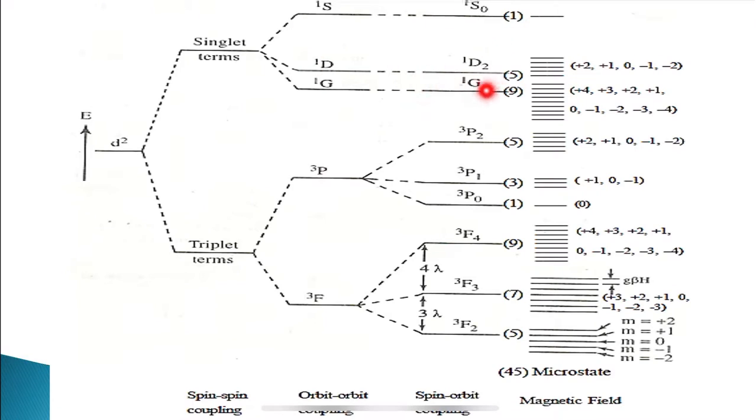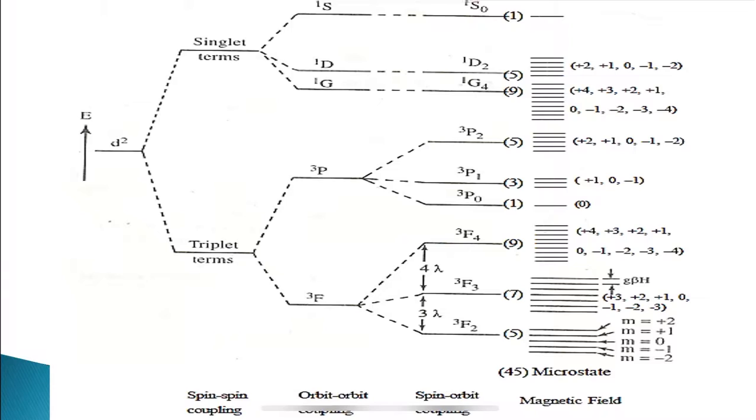Further, by the excitation which we will observe when radiant energy is passed on to these electrons, they will excite to the higher energy state, and this is calculated with the help of J values.